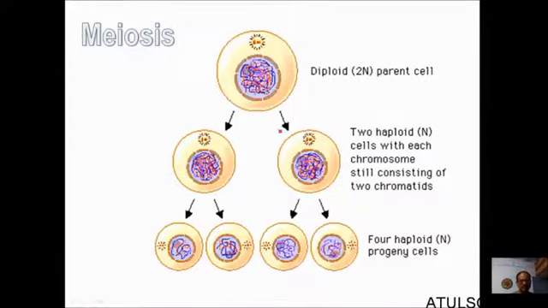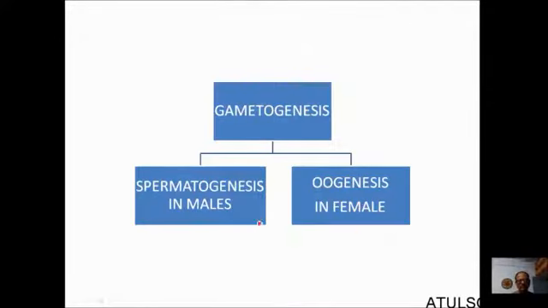Meiosis takes place in 2 steps, that is meiosis 1 and meiosis 2. Gametogenesis in human beings is either spermatogenesis or oogenesis: spermatogenesis in male and oogenesis in female.